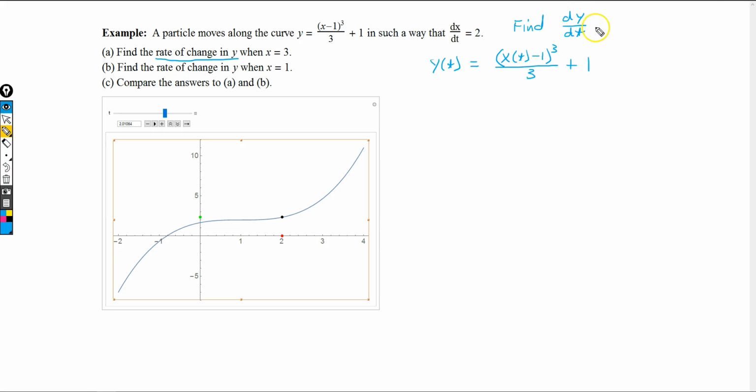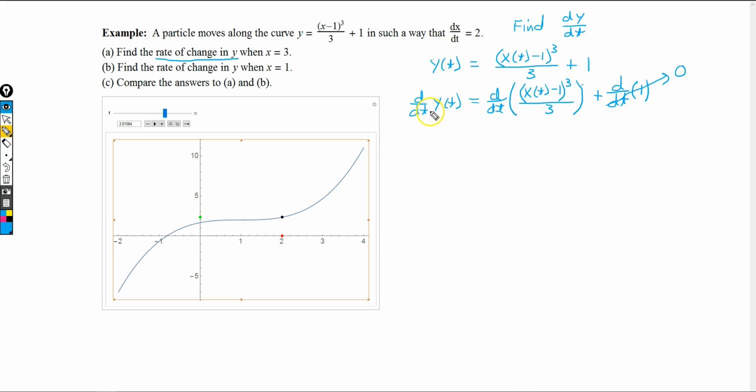Now, if we want to find dy/dt, we have to differentiate this equation with respect to time t. So let's do that. Now we see this piece right here, of course, is 0. That's the derivative of a constant.